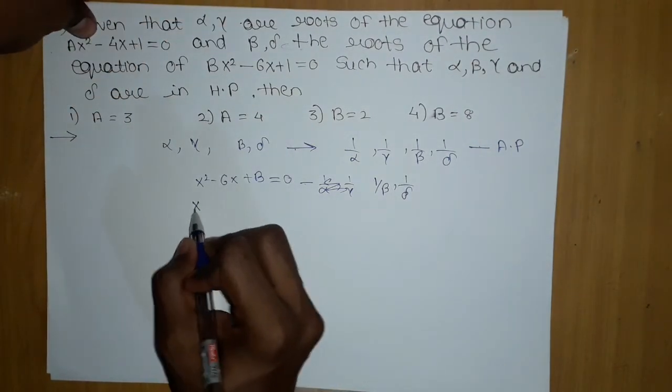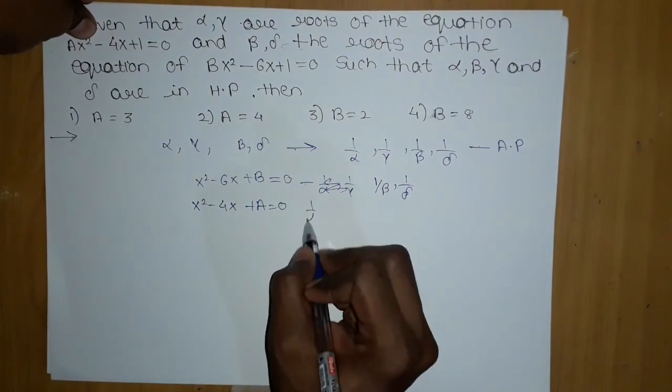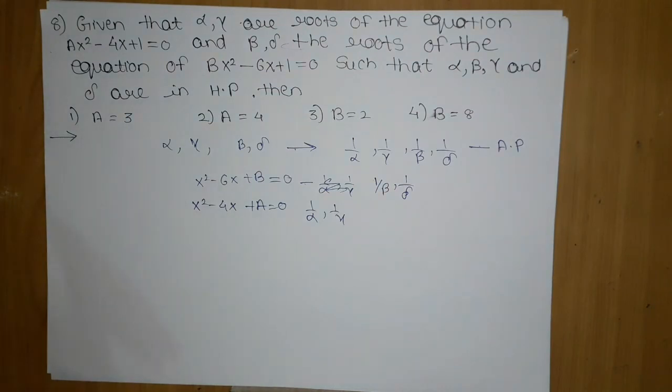Similarly here, x square minus 4x plus a equal to 0, whose roots are 1 upon alpha and 1 upon beta.